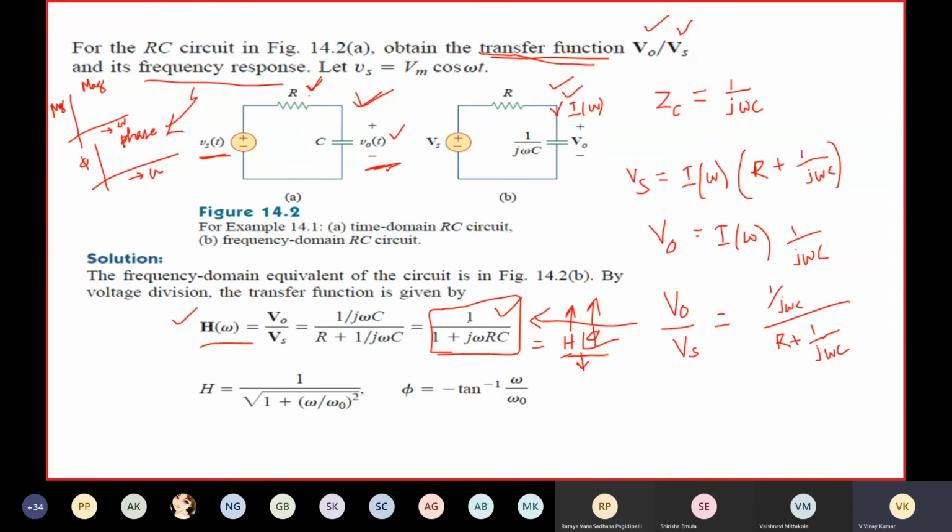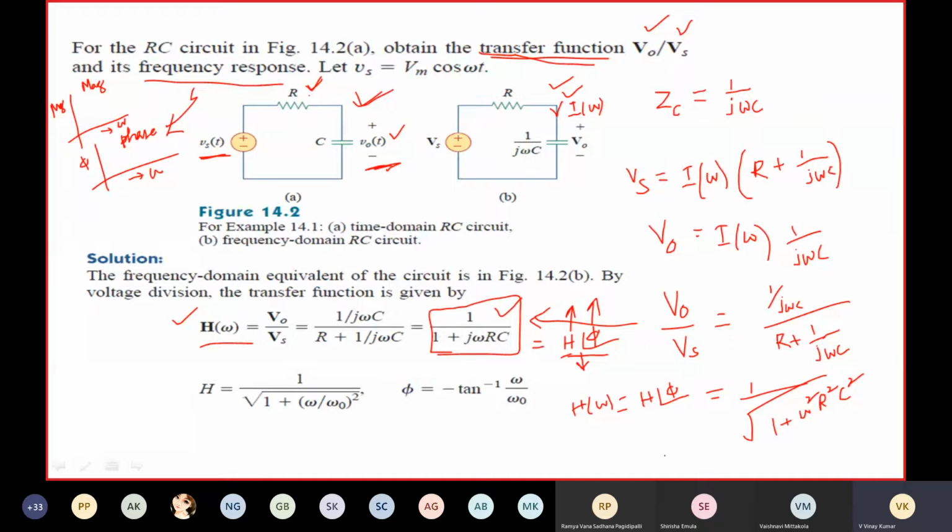See, what is the magnitude of this H of omega? Magnitude and phase angle, right? So what is the magnitude? 1 by under root of 1 plus omega square R square C square.